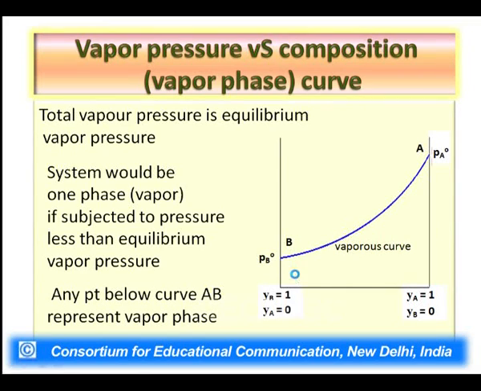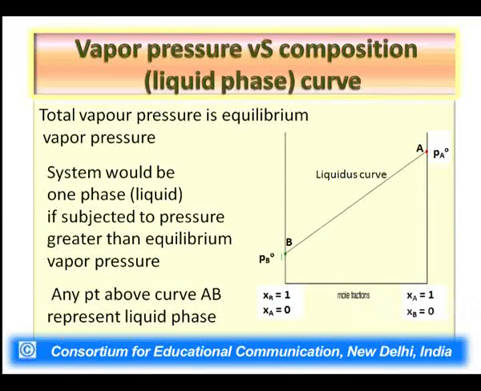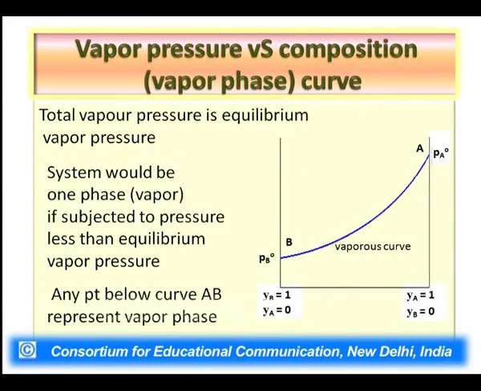Now, the earlier curve was also plotted against composition on the x axis, which lies between 0 and 1. Here this curve is plotted against composition in vapor phase, which again lies between 0 and 1, and the two extreme points on the y axis, the pressure axis, are the same: vapor pressure of pure component B and vapor pressure of pure component A. So the question arises, can we plot the two curves, vapor pressure versus composition in liquid phase and total vapor pressure versus composition in vapor phase, on the same plot?